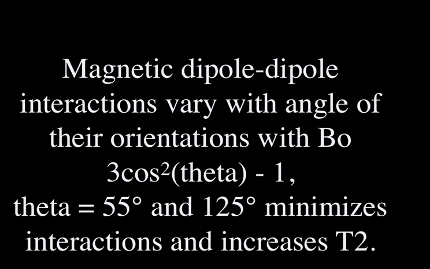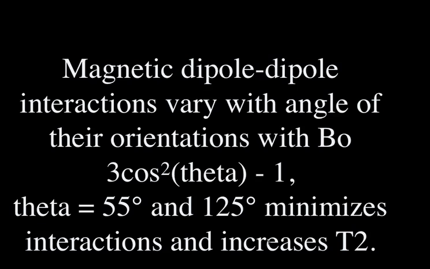What that means is that if you have an ordered structure like a tendon and you put it at around 55 degrees to the main magnetic field, as long as that causes ordering of the water molecules within it, you'll end up having an increase in the T2.